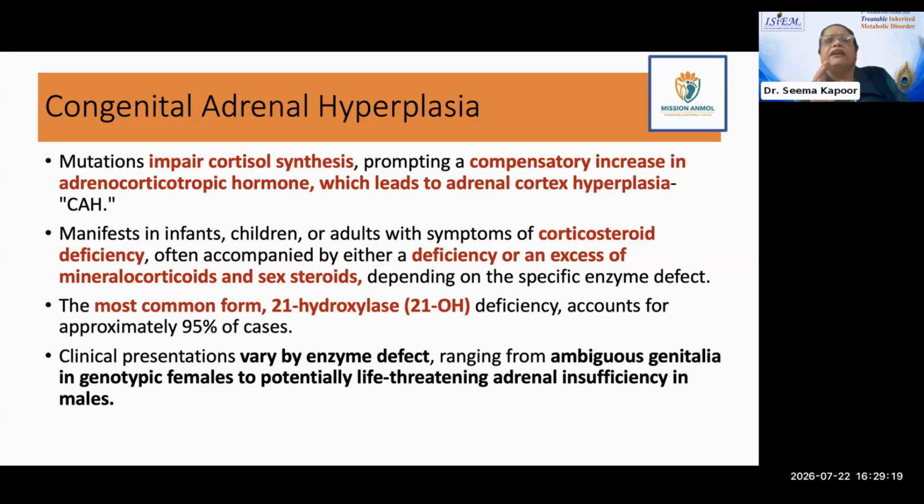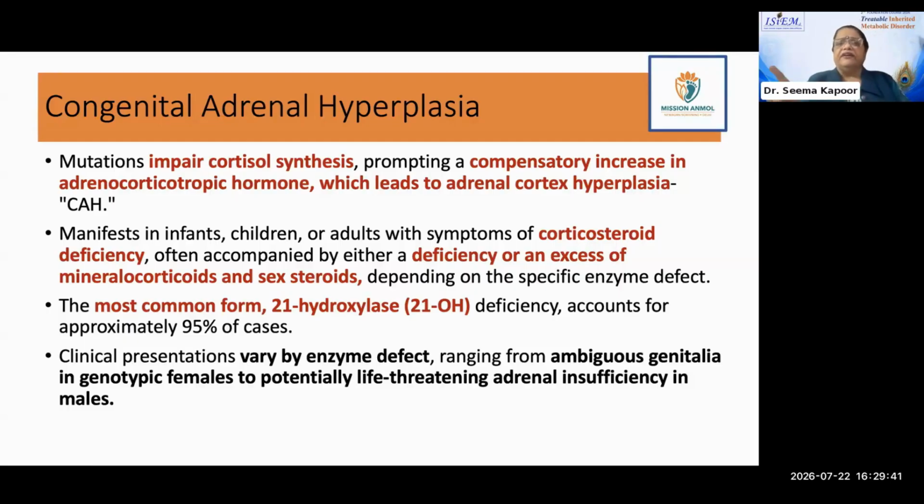Pituitary starts pumping in adrenocorticotropic hormone. When so much of ACTH gets collected, the adrenal cortex starts becoming larger, and therefore it's called congenital adrenal hyperplasia by the same negative feedback mechanism.